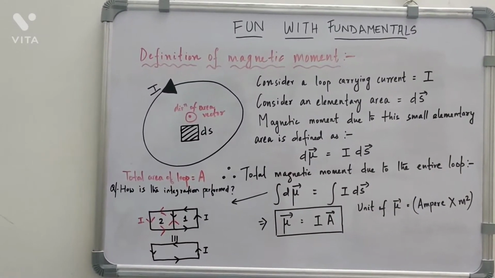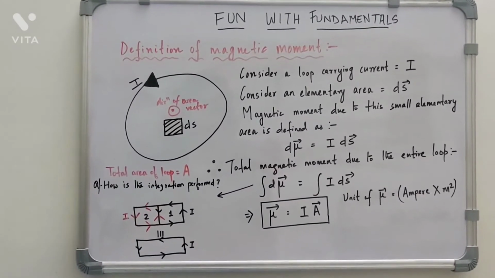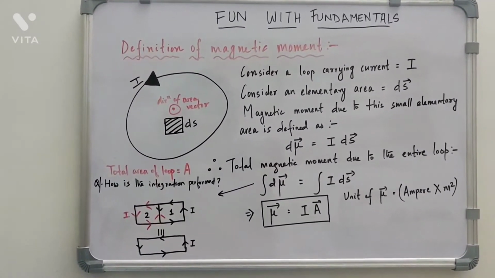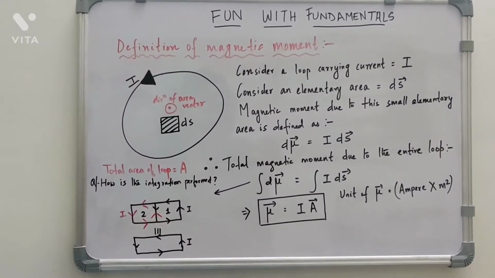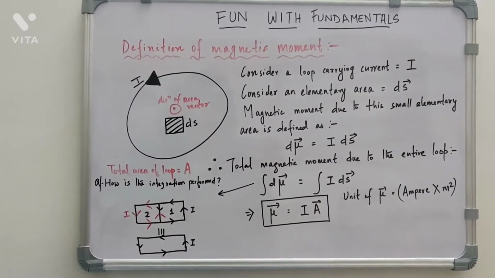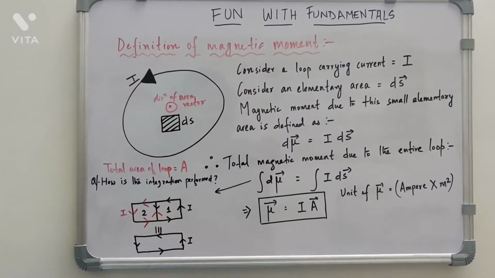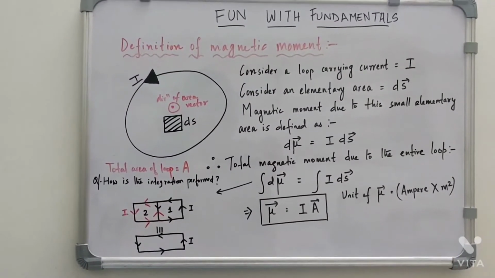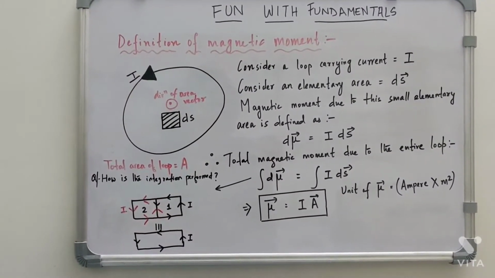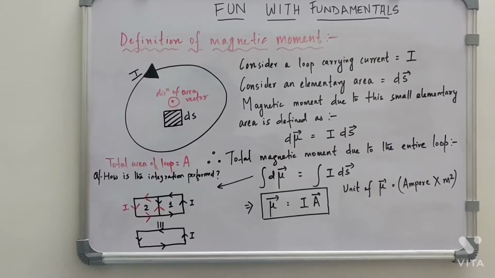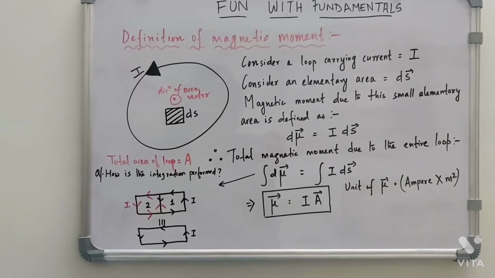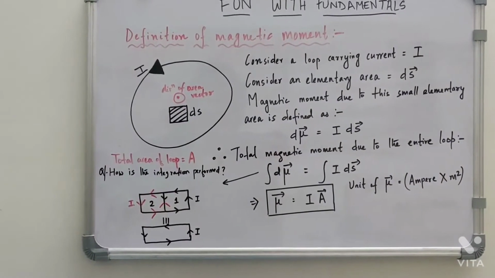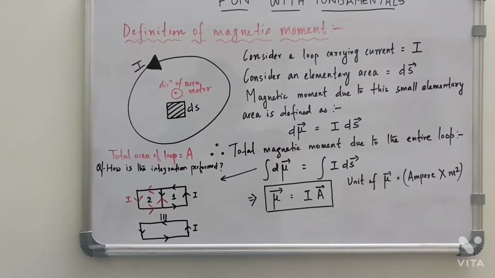Here A gives the total area of the loop and the direction of the vector A is given by the right hand screw rule. That is, if you curl the fingers of your right hand along the direction of the current, then the direction in which your thumb points gives the direction of the area vector. Now this mu, or the magnetic moment, has an SI unit of ampere times meter square.